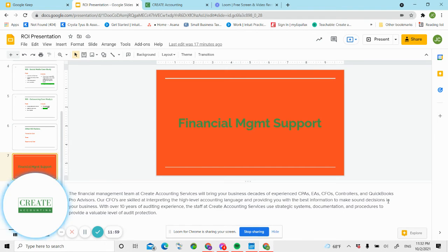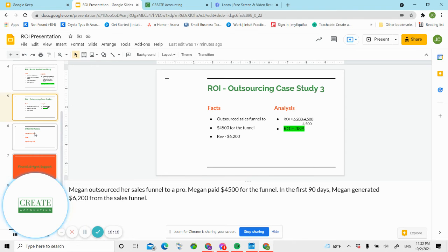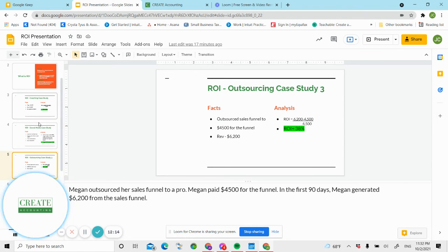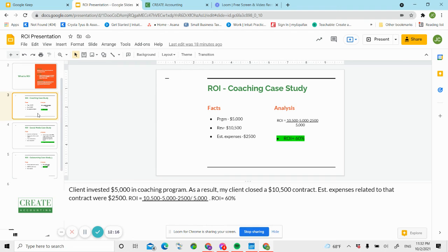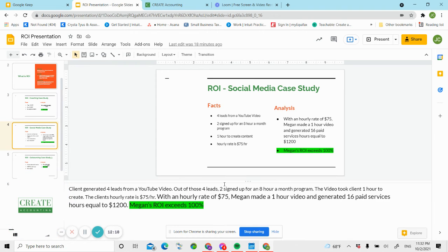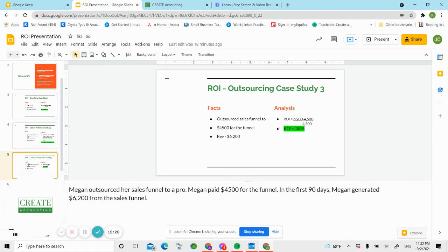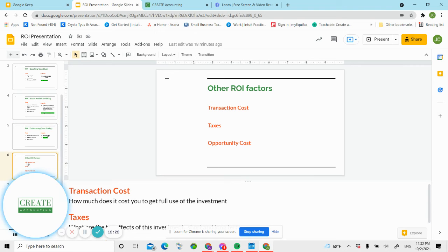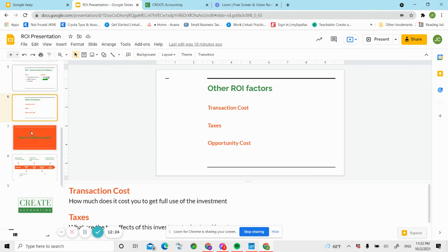With over 10 years of auditing experience, the staff at Create Accounting Services use strategic systems, documentation, and procedures to provide a valuable level of audit protection. So we help you determine your ROI by tracking, evaluating, and documenting the activity in your sales activity and your expense activity of your business.